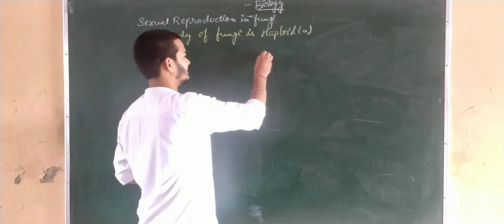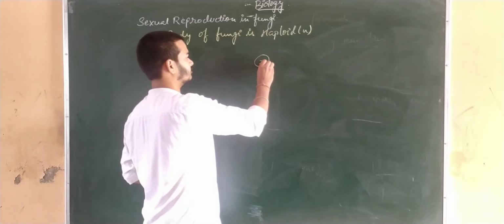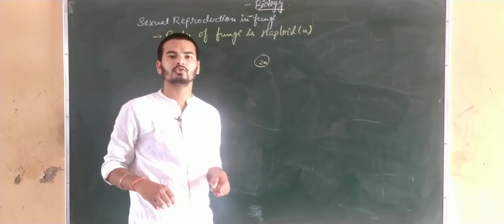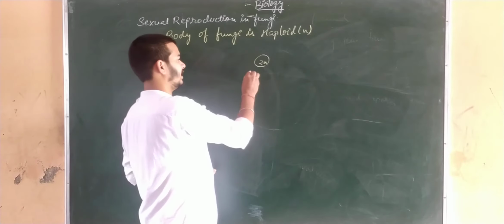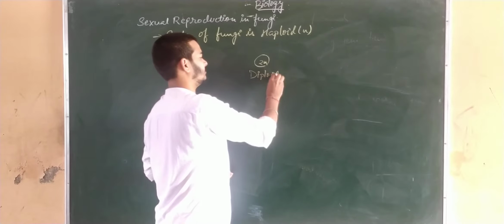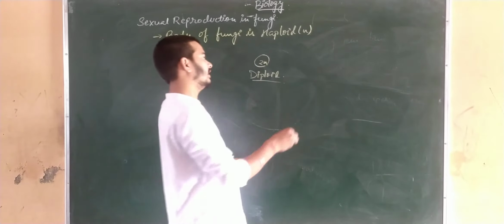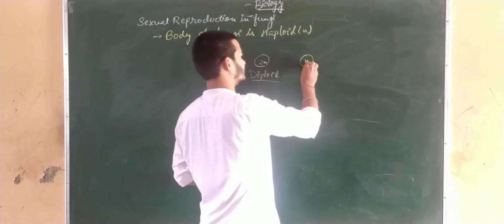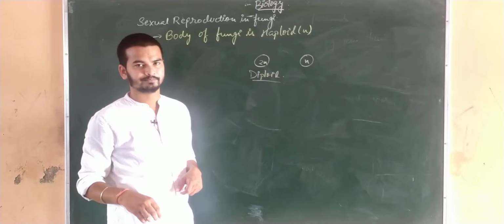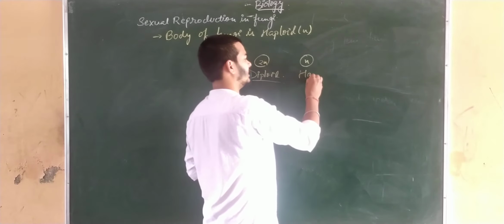Suppose this is a cell and it has 2n number of chromosomes, which means the chromosomes are in pairs, then such a cell is known as diploid. And if the number of chromosomes is n, that means only a single set of chromosomes is present, then such a cell is known as haploid.